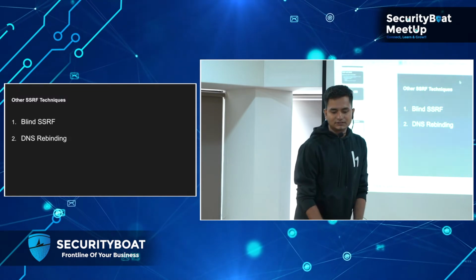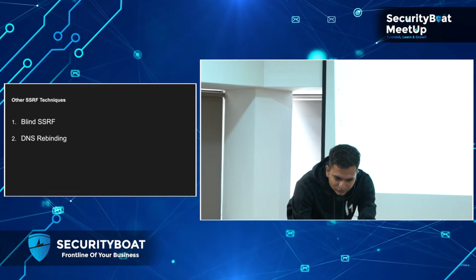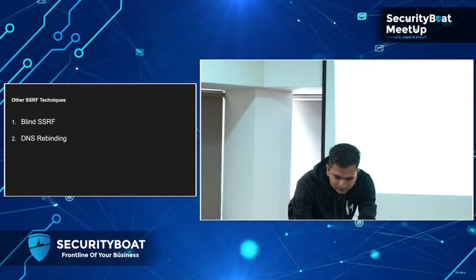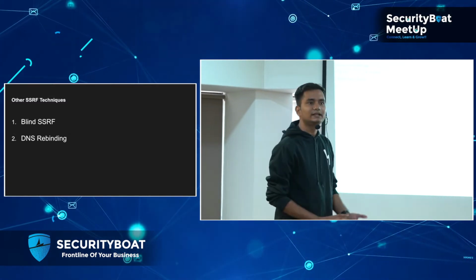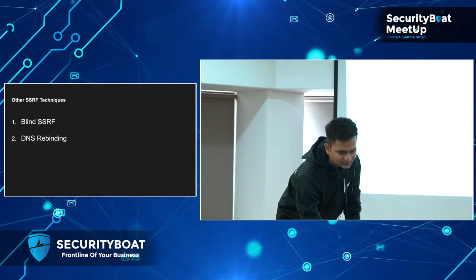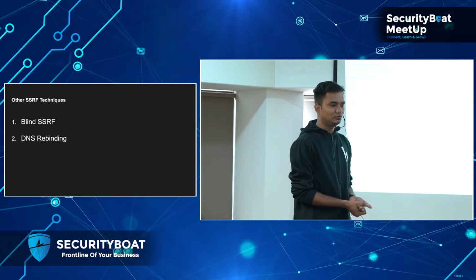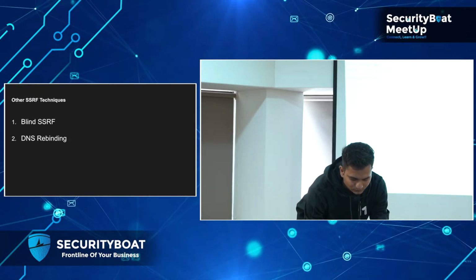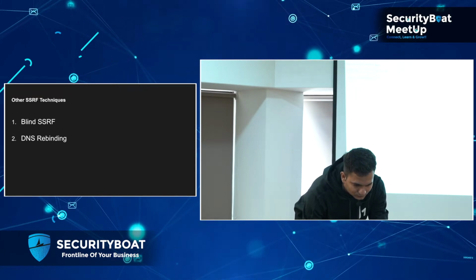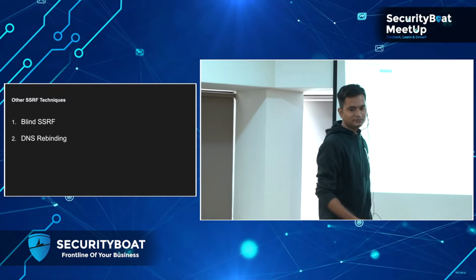So what we can do is use these services. This is the service that you can use for trying a DNS rebinding attack. So in the first A record you can add any whitelisted IP that they don't filter. You can add any domain here, and in the B record you can add that AWS metadata IP.